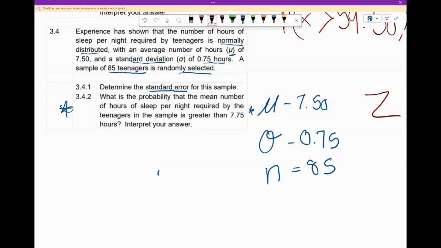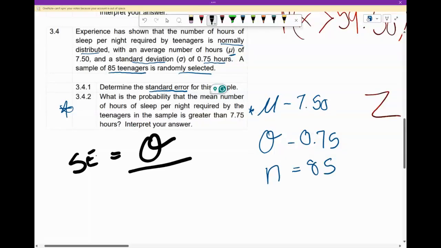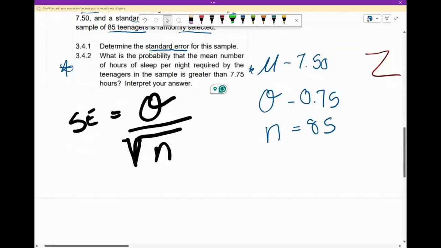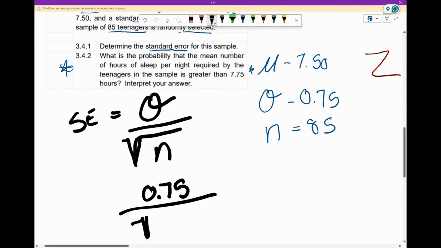Okay, so let's get cracking. You guys already know, you've already got it here. So here, SE is equal to standard deviation divided by the square root of n. So we're saying standard deviation, we know it to be 0.75. And n we know is 85. So then what is this equal to?